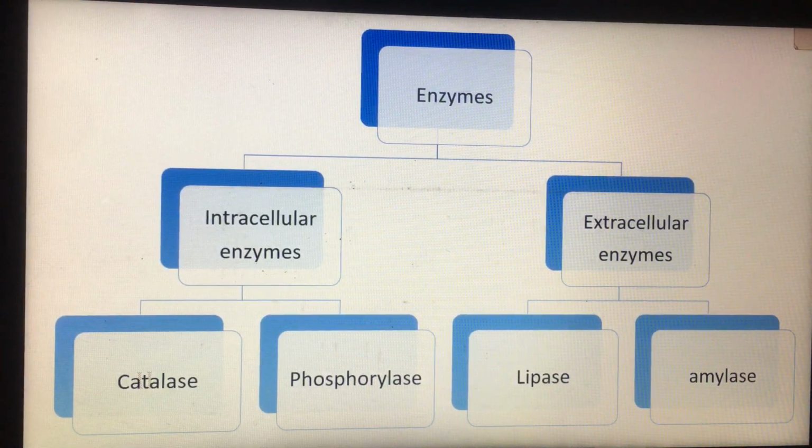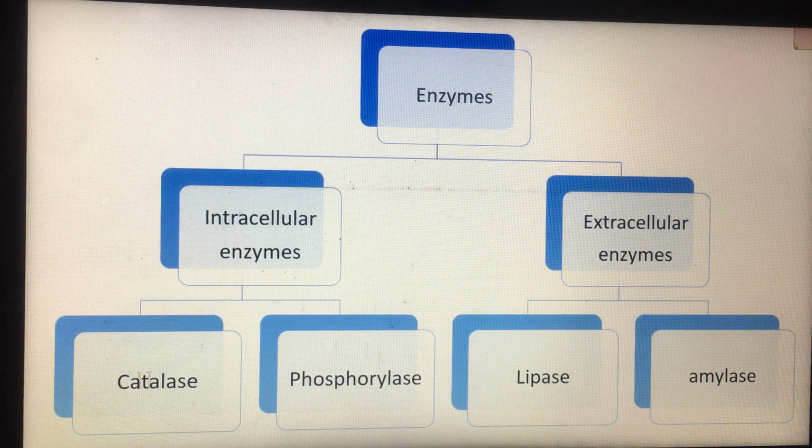Now, as we said before, again, revision, enzymes are biological catalysts which speed up the reactions inside our bodies. Now, we have to know what the factors are that affect the enzyme's activity.